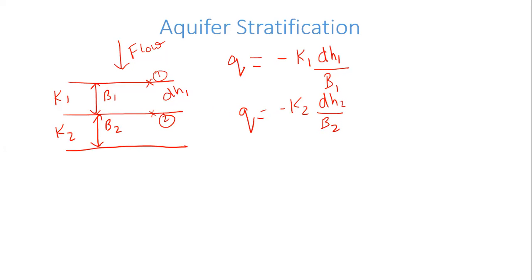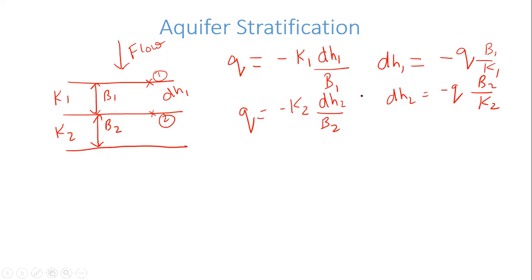Now I'll rearrange this a little bit. I'll say dh1 will be minus q b1 by k1, and dh2 will be minus q b2 by k2.